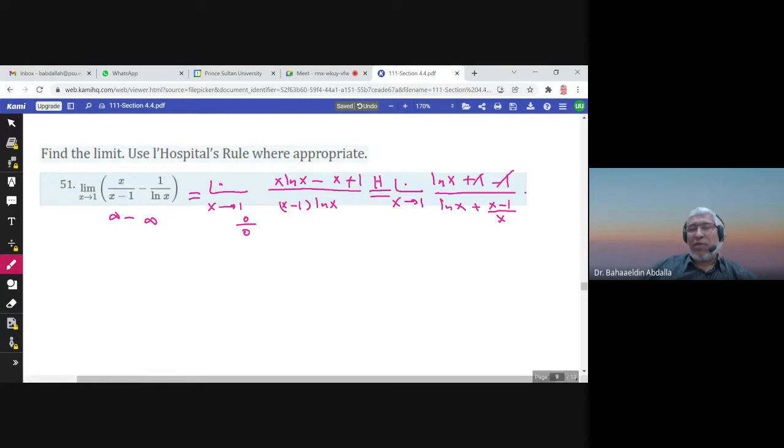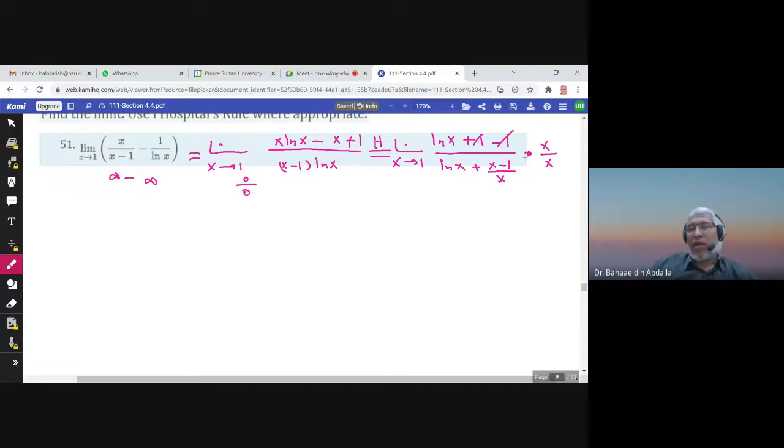Okay, let me multiply again by x over x, similar to the previous example. So I will have the limit of x ln x over x ln x plus x minus 1.